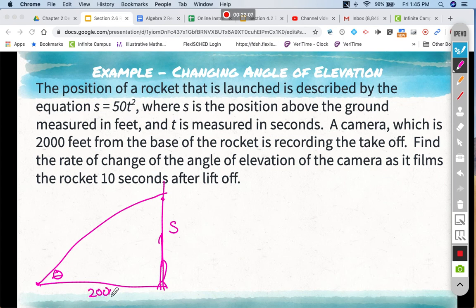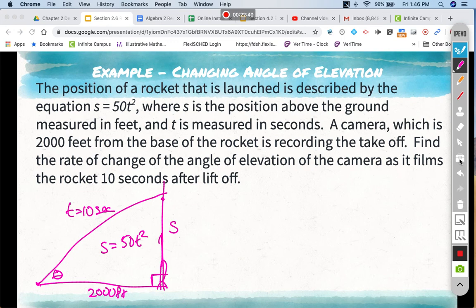This is 2,000 feet. We're assuming it's going straight up, so to make things easier, we have a right angle there. We want t to equal 10 seconds. And we know s equals 50t squared. So that's what we know for this problem.